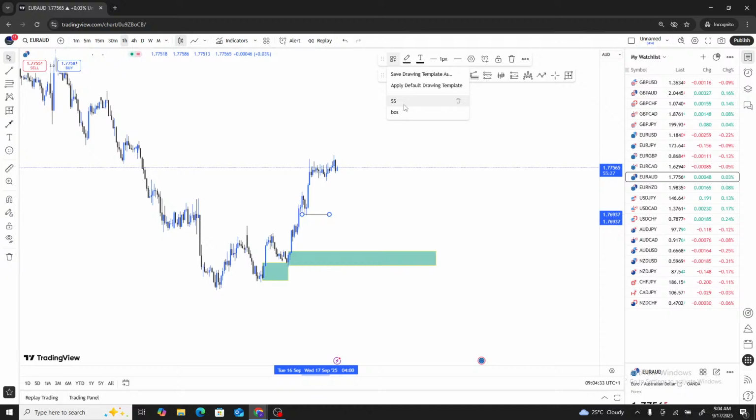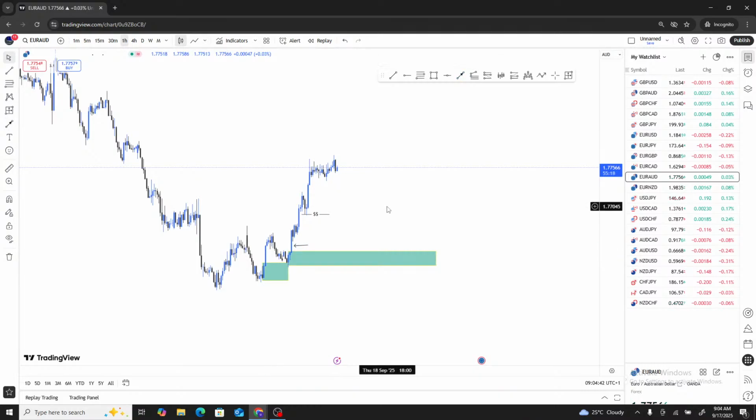This is our liquidity before the order block, and this is our imbalance. Can you see? Price has broken structure. There is liquidity before the order block, and there is a nice imbalance, very clean imbalance.